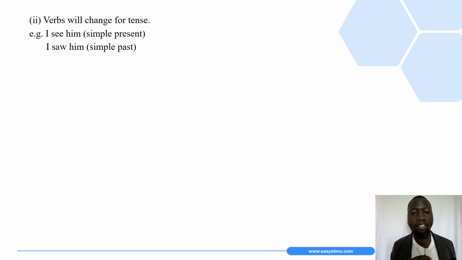That is, verbs will always change depending on the tense used. So, for example, we have these two sentences. The first one is I see him. The other one is I saw him. So in the first sentence, I see him represents simple present tense, whereas I saw him talks about simple past tense.